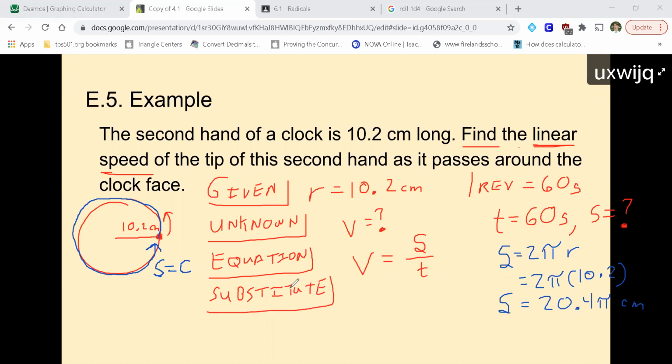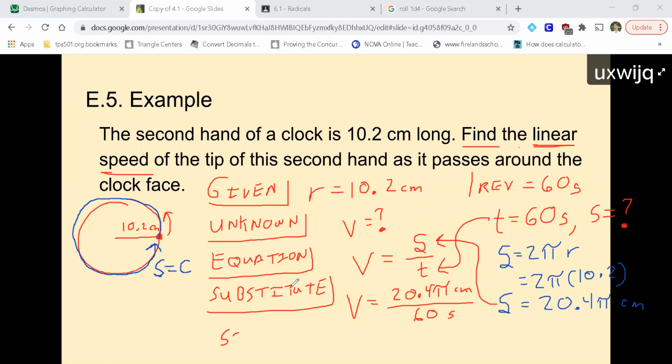So for S, I'm going to plug in 20.4 pi, and for T, I'm going to plug in 60. So I'll get V is equal to 20.4 pi centimeters over 60 seconds.